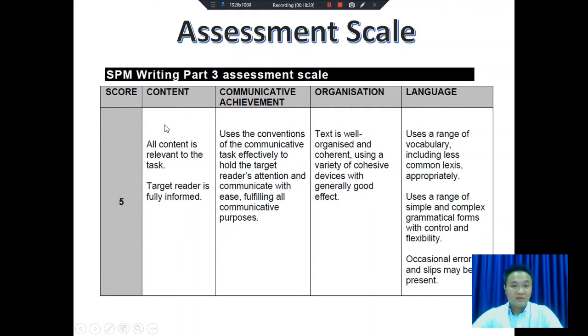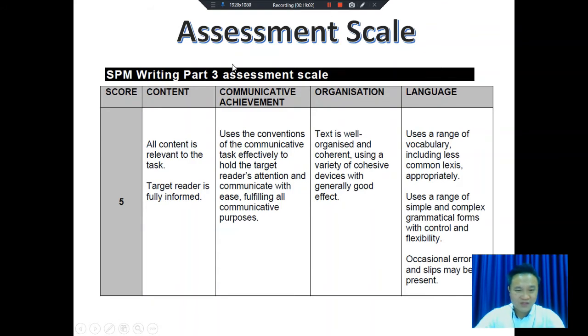For content, the thing that you have to do is to understand the demand of the question. You have to read the title carefully, and you need to know that the things that you write in your narrative writing are relevant to the demand of the question. And the next one will be communicative achievement. Now, communicative achievement focuses more on the format and register side of this writing essay.